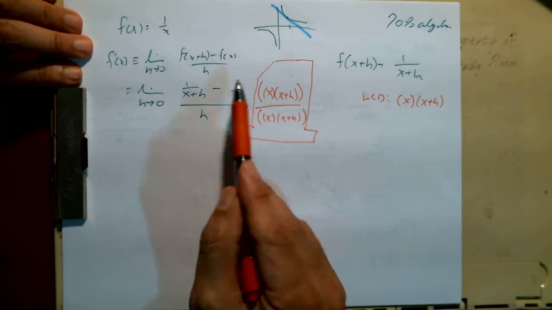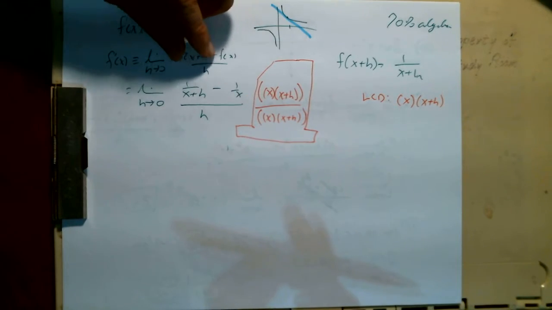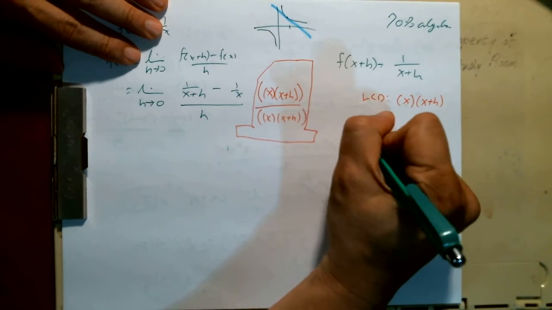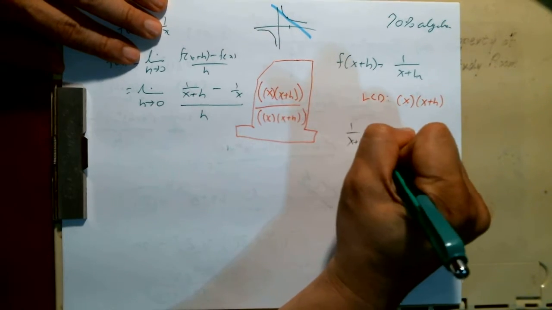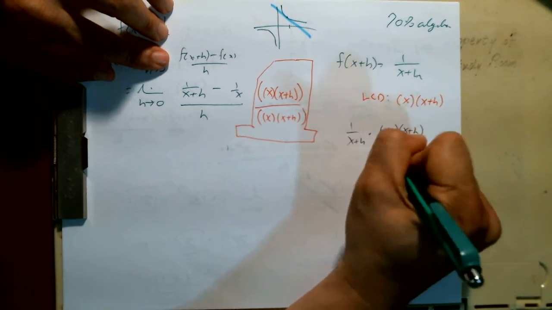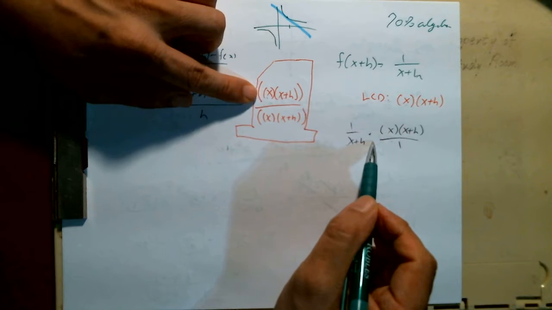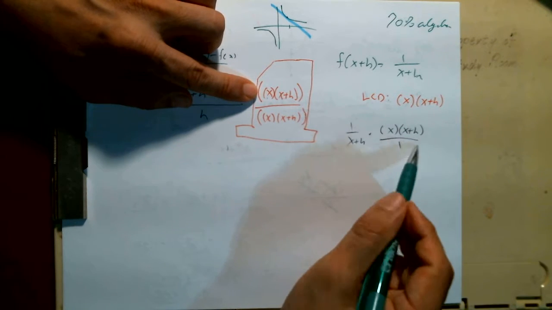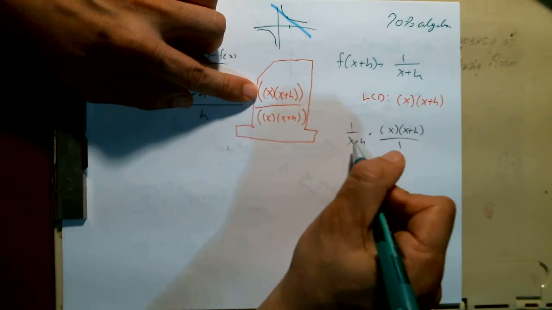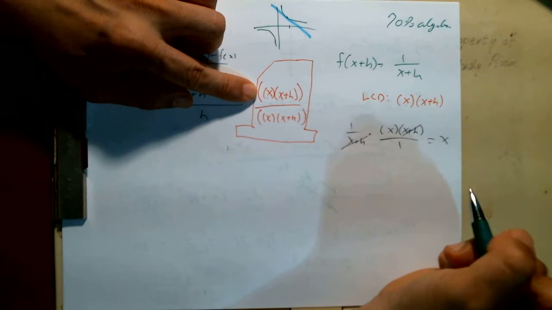So let's see what happens when you multiply this by the first term. I'm going to do this on the side. 1 over x plus h times x plus h all over 1. So this is the same thing as this right over here, over 1, right? You notice that the x plus h factors cancel, and you end up with just x.